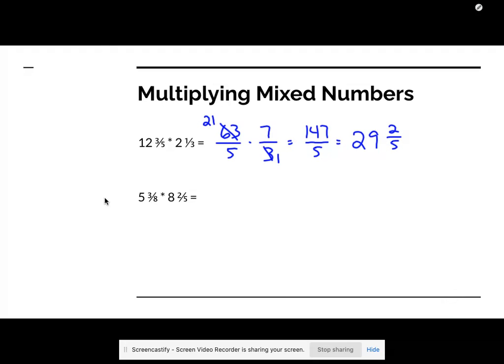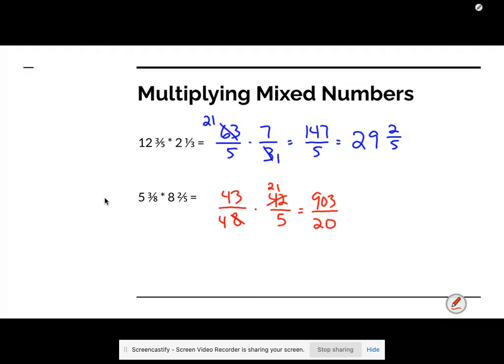Then, if I look at 5 3/8, if I change that into an improper fraction, I get 43 over 8 times 42 over 5. Now, 8 and 42 are both even numbers, so I know that I can cancel at least a 2 out. So I get 4 here, and I get 21. Now, when I multiply across, I'm going to have 20 in my denominator. 43 times 21 ends up being 903.